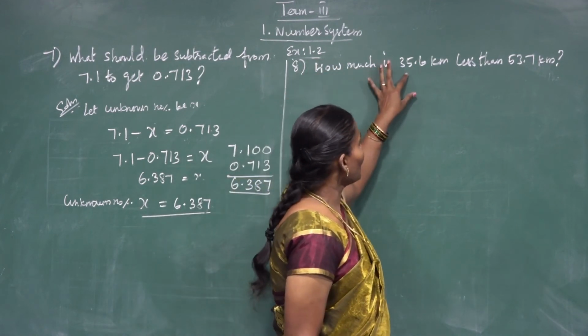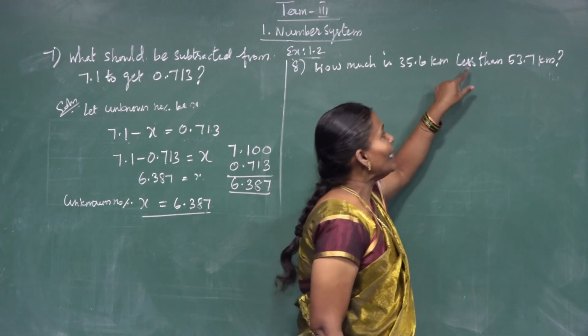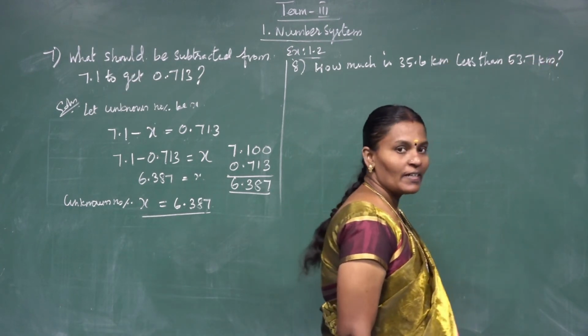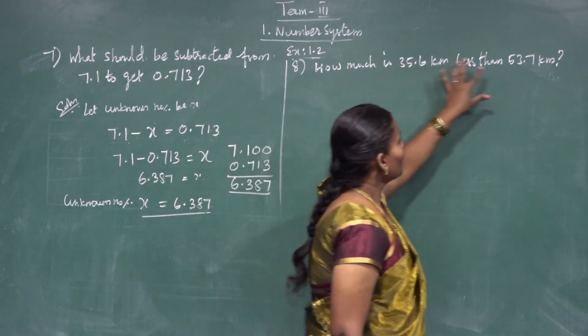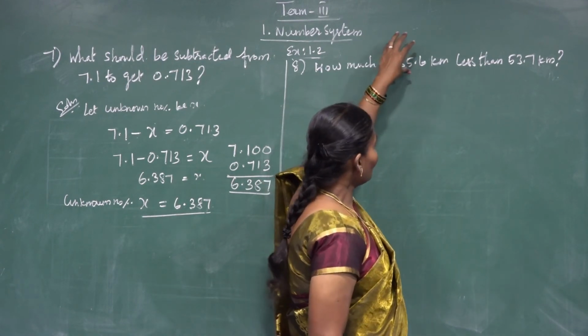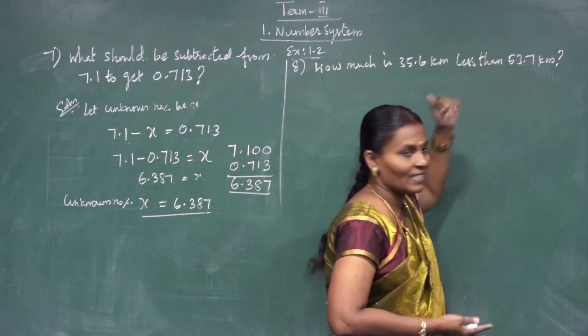How much is 35.6 kilometer less than the 53.7 kilometer? See, here you have to compare these two. So this is how much is less than this.